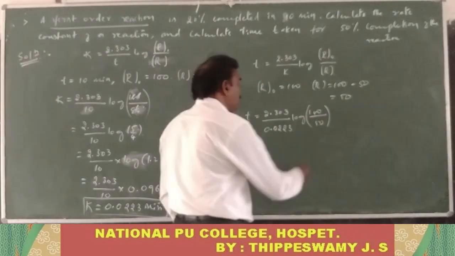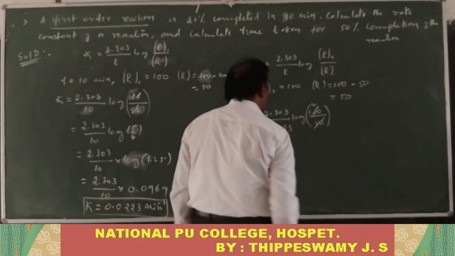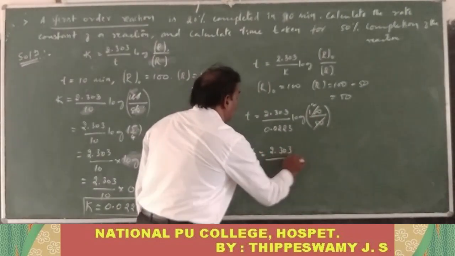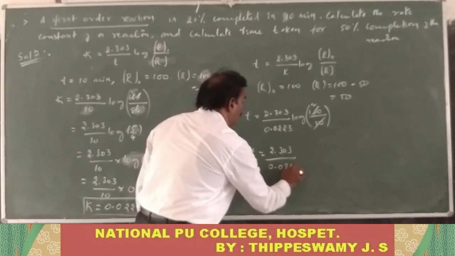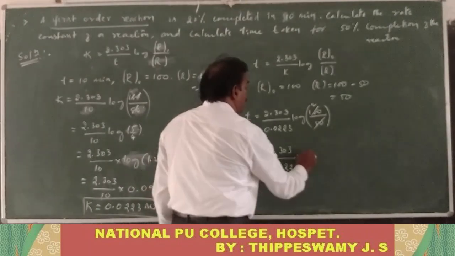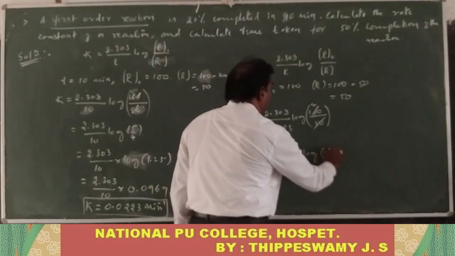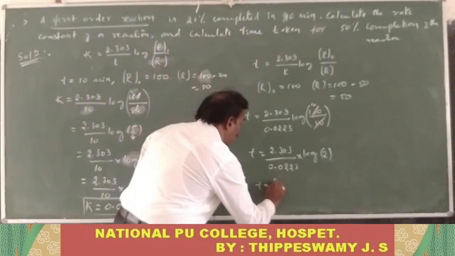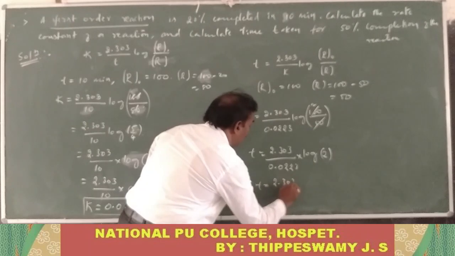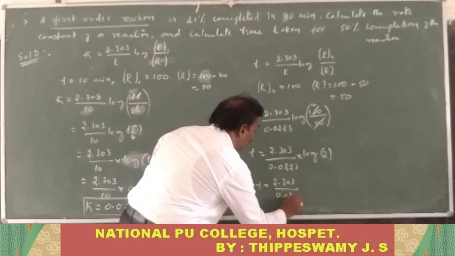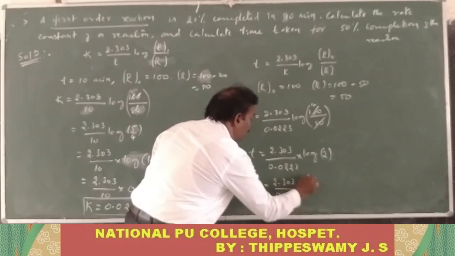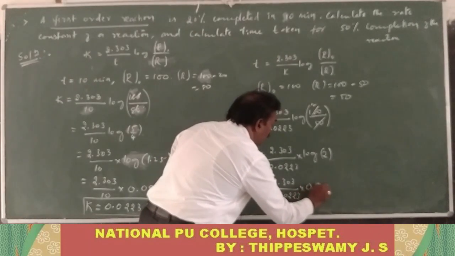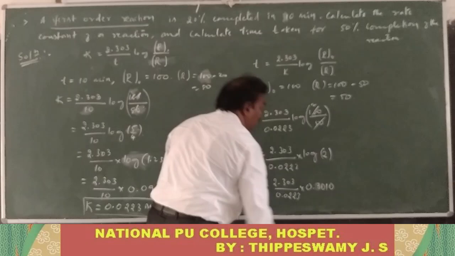So now you take 5 1 ja 5, 2 ja, like this, and t is equal to 2.303 divided by 0.0223 into log 2. You are getting here log 2. Now we know that t is equal to 2.303 divided by 0.0223 into log 2, whose value will be 0.3010.